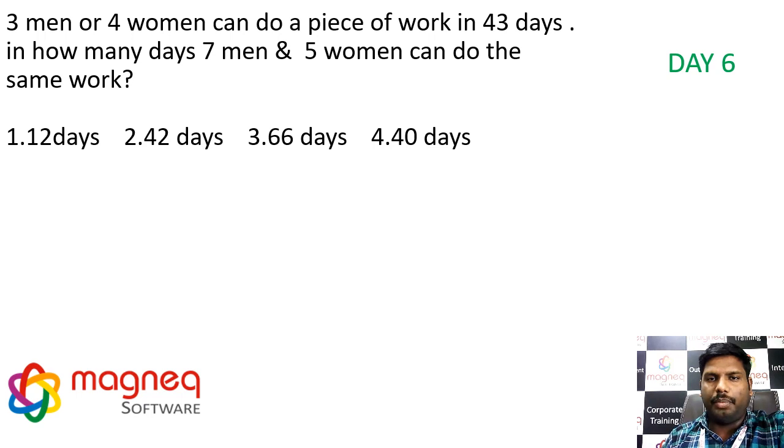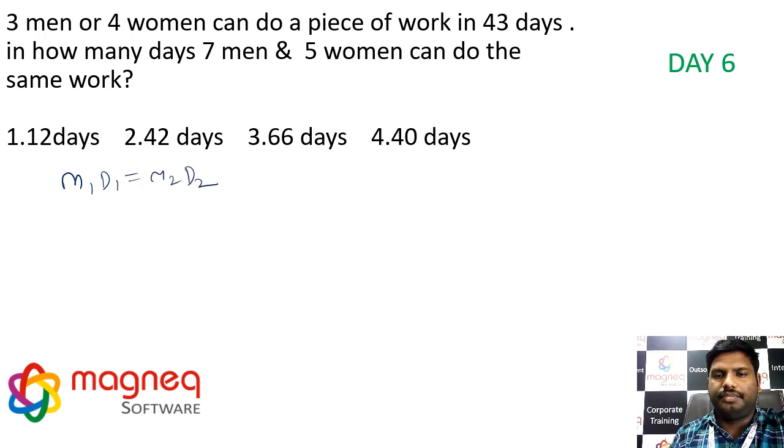3 men or 4 women can do a piece of work in 43 days. In how many days can 7 men and 5 women do the same work? So given M1 D1 equals M2 D2. M1 value is 3 men or 4 women, so we can take 3 men, and D1 value 43 days.